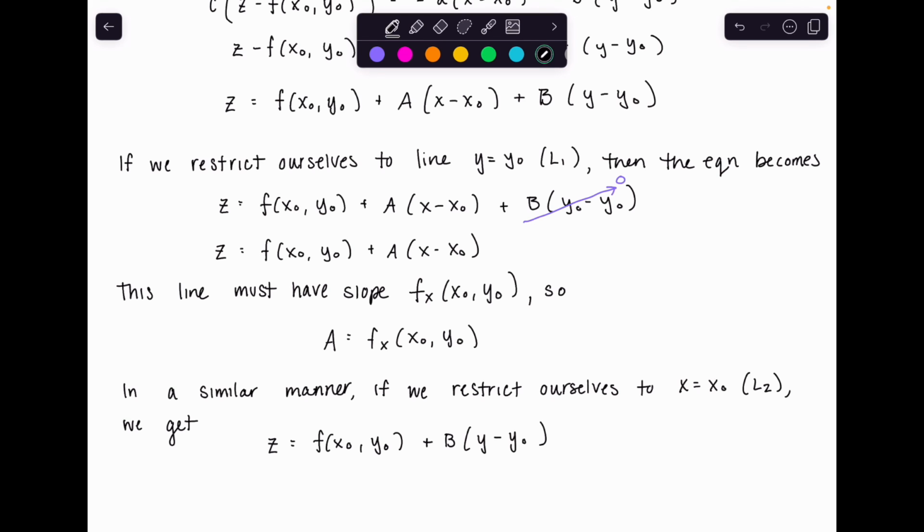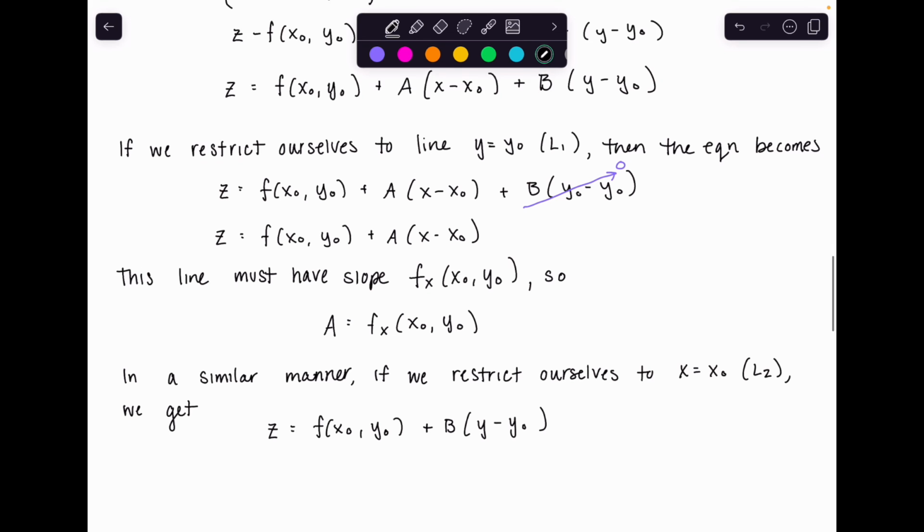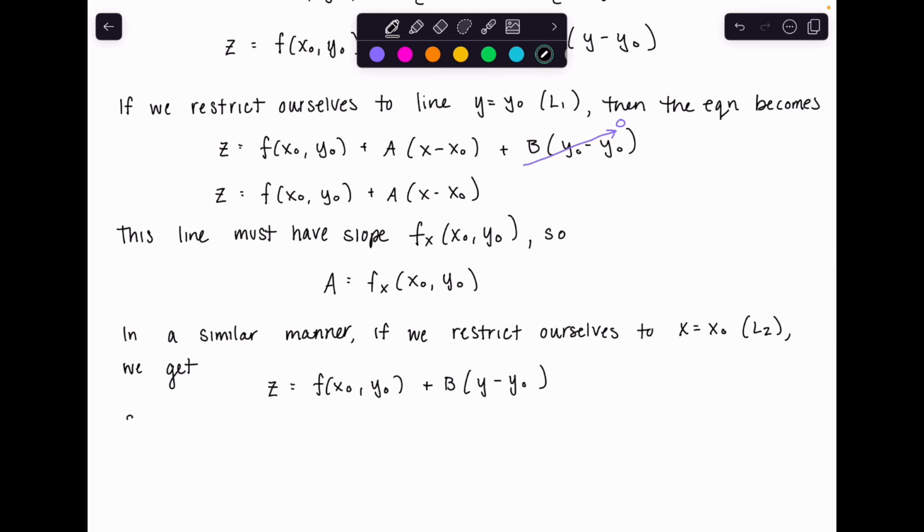And the slope of this line has to be the partial with respect to y. So the component b must be exactly that.